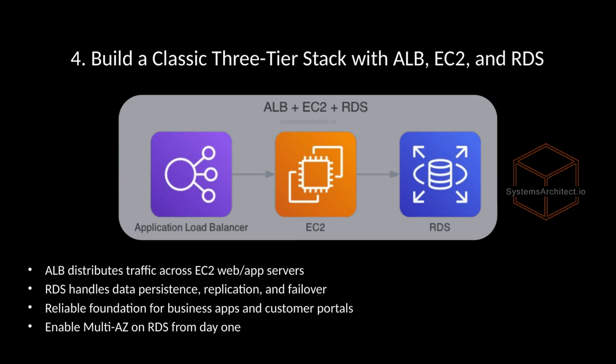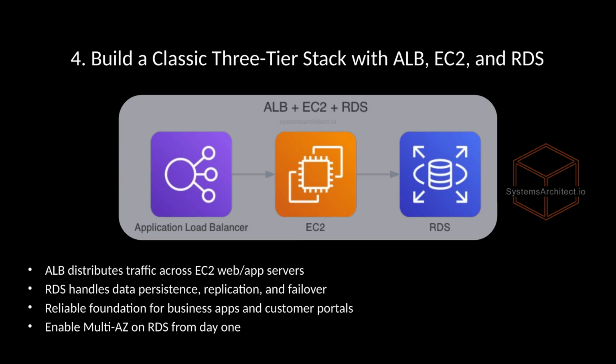The ELB distributes requests across EC2 web and application servers, while those servers read and write to an RDS database handling replication, backups, and failover. Keeping the tiers cleanly separated makes each one independently scalable and replaceable as an application grows. It's a dependable foundation for business applications and customer-facing portals. As a rule of thumb, put RDS in multi-AZ from day one, since the cost is small next to the outage it prevents.